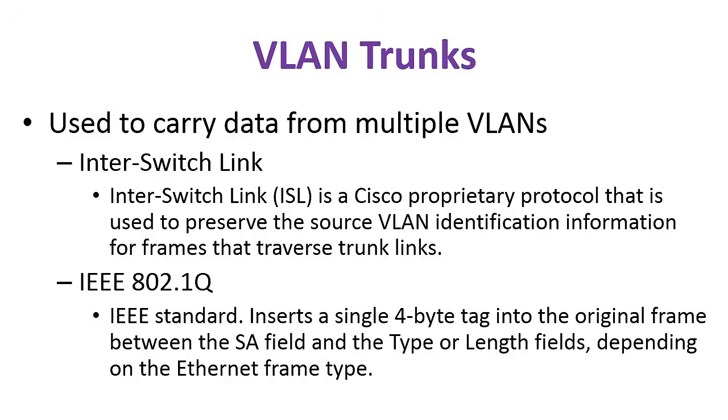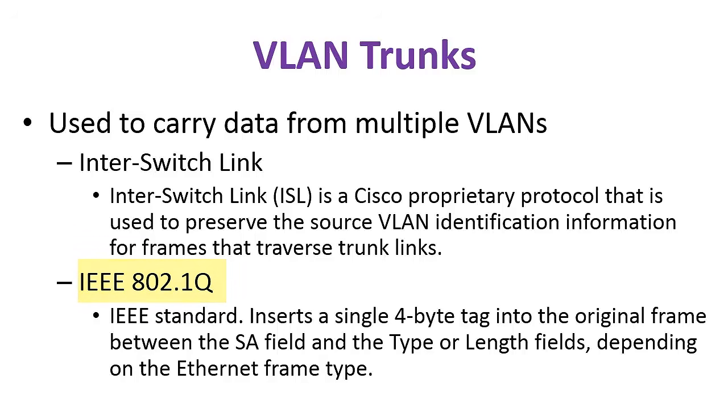There are two protocols that can be used to build these trunks. The first is Inter-Switch Link, or ISL, a Cisco proprietary protocol that is used to preserve the source VLAN identification information for frames that traverse trunk links. And then there is, I would say, the more popular 802.1Q, which is an open standard.